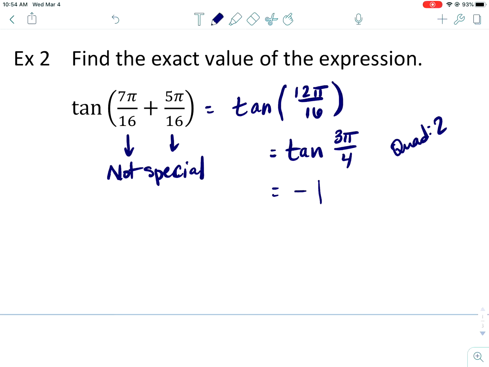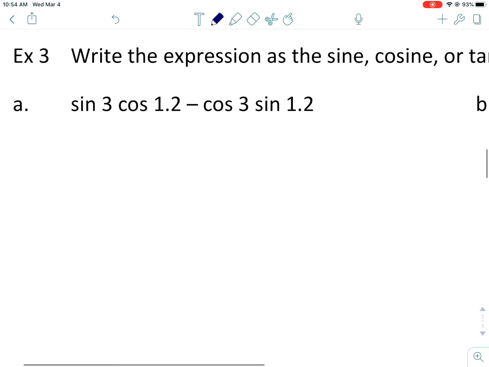All right, are y'all okay? Okay, the rest of this assignment I think is a little easier than those that we just did. So what we have on example 3 is the formula has already been applied. And what we have to do is go backwards to the original problem. So looking at what you wrote in your blanks yesterday, we have sine cosine minus cosine sine.